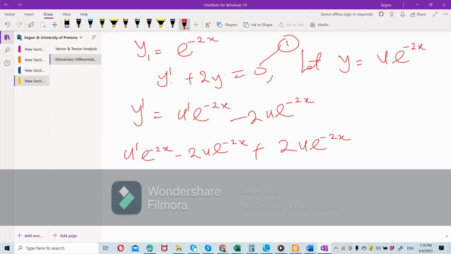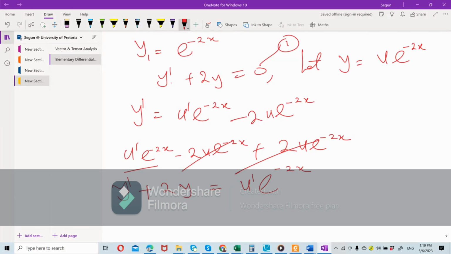Yes, we have this one in common. So by the time this cancels with this, you have this left. So it simply means our y prime plus 2y equals u prime exponential minus 2x.